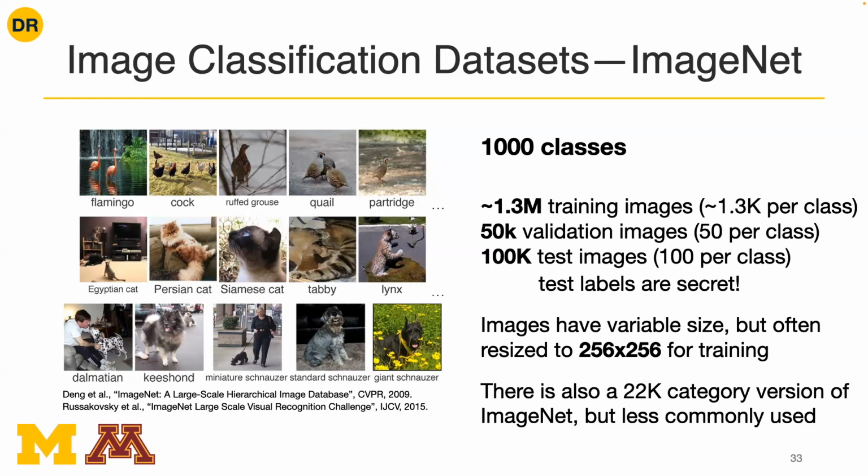These images were primarily extracted from the internet, so they're of varying size. They're not all the same square shape like in CIFAR-10 and CIFAR-100. But usually what you'll see done in literature is the algorithms will first resize the images to a fixed dimension, for example, 256 by 256 pixels, before training. And there's a challenge for ImageNet.